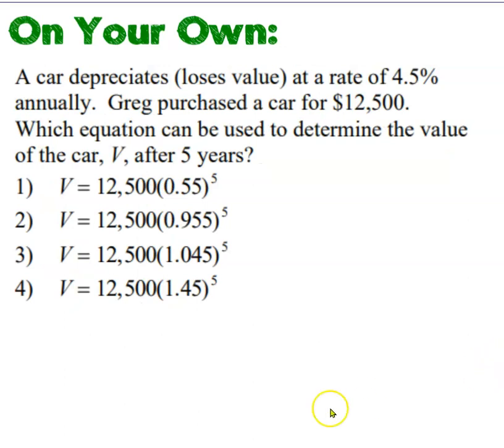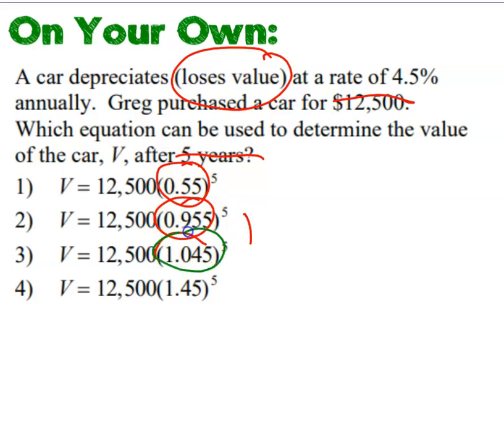Alright, one last question. Take a moment to pause the video and find your response. Alright, let's think of some basic knowledge information here. All of the values have the same initial amount. All of the exponents have the same value of 5. So we can't use any of these values to help us to eliminate any choices. But we do know that he's losing value. So what do we know about these quantities if we are losing value?